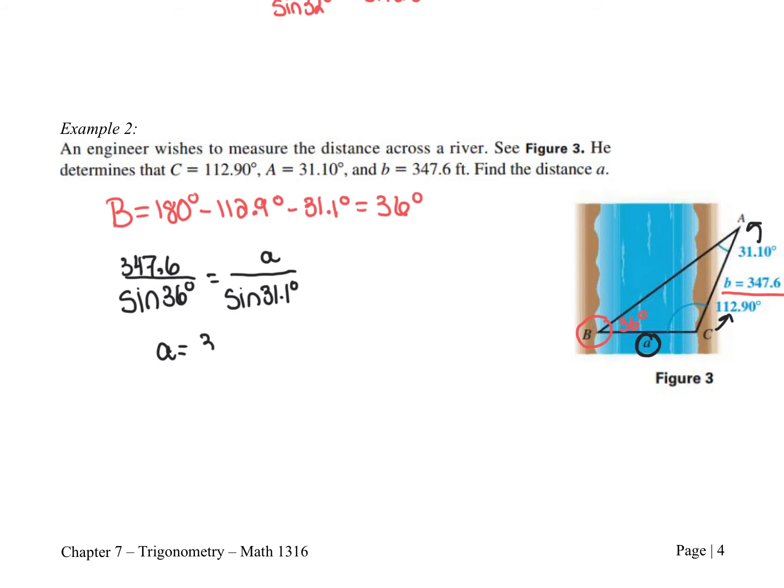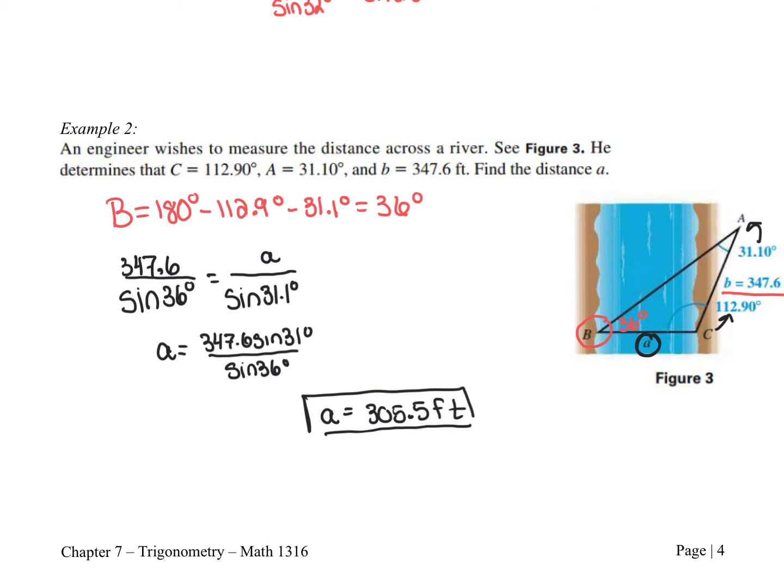A equals 347.6 sine of 31 degrees, all divided by sine of 36 degrees. A is going to equal 305.5 feet. 4 sig figs, so I rounded to one decimal place for 4 sig figs. That's what is all given across the problem.